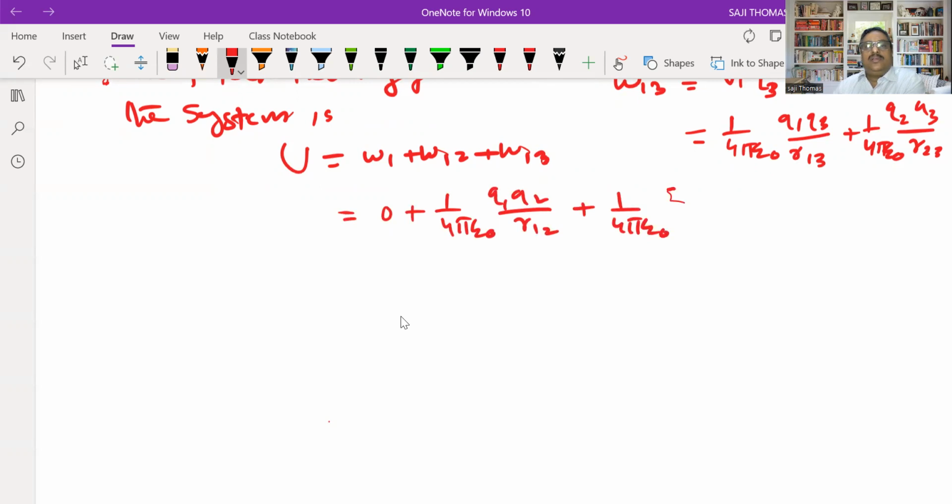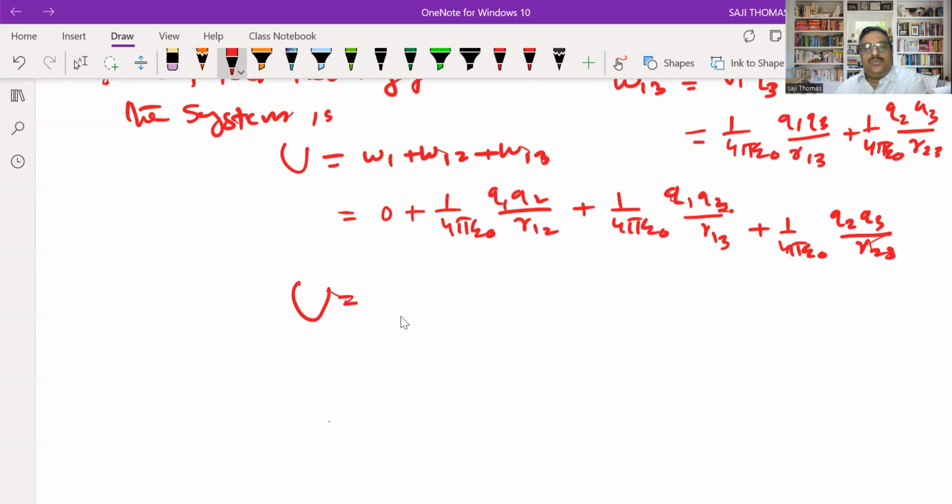plus 1 by 4 pi epsilon 0 Q1 Q3, sorry, Q1 Q3 by R13 plus 1 by 4 pi epsilon 0 Q2 Q3 by R23.